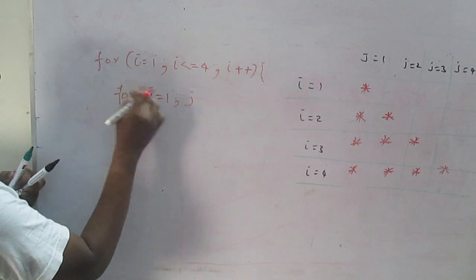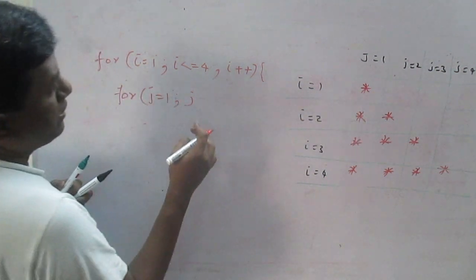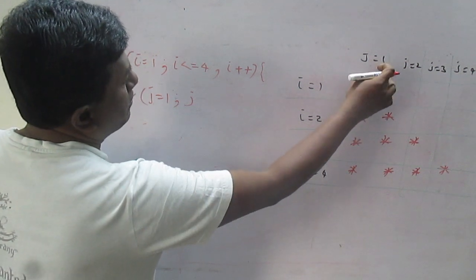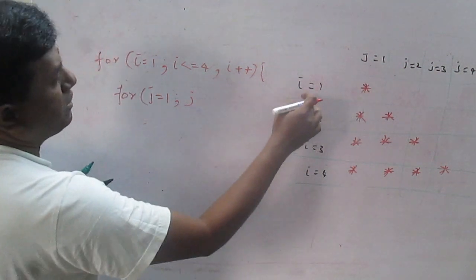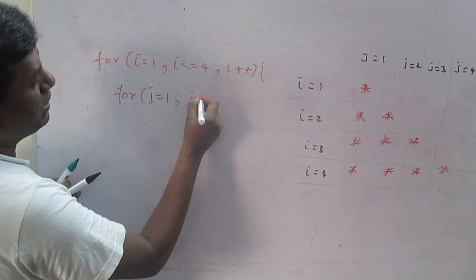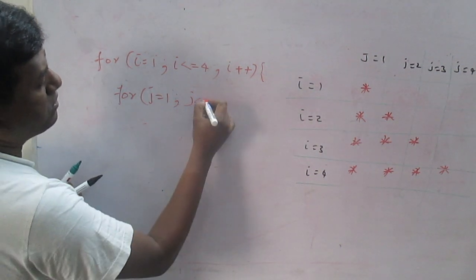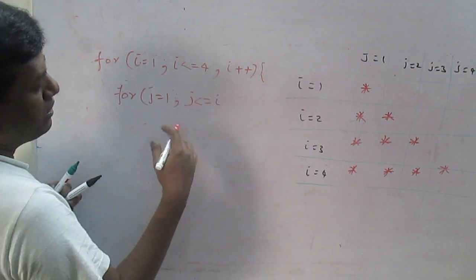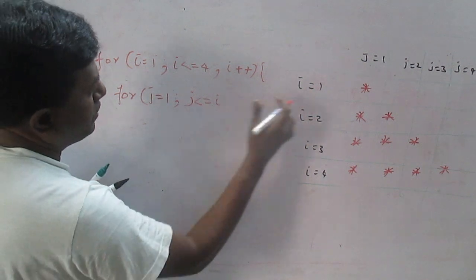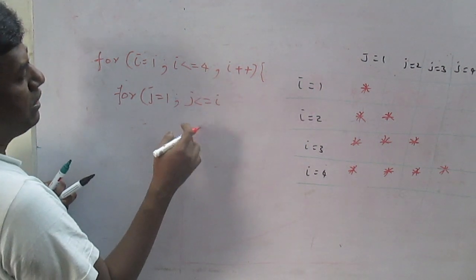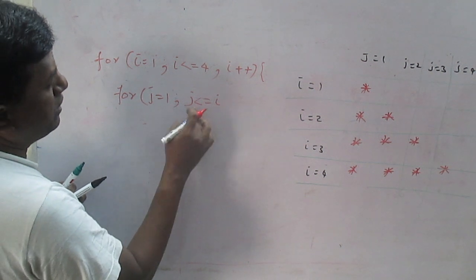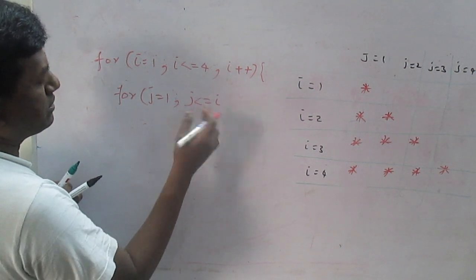Now j is 1, and what is the condition? The condition is important. We get this when j equal to 1, at that time i also should be 1. So j less than or equal to i, it means j should be either equal or less than i. So 1 equal to i, less than or equal to i, yes, condition true.